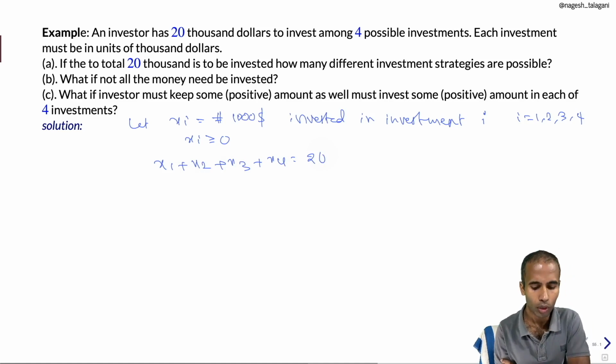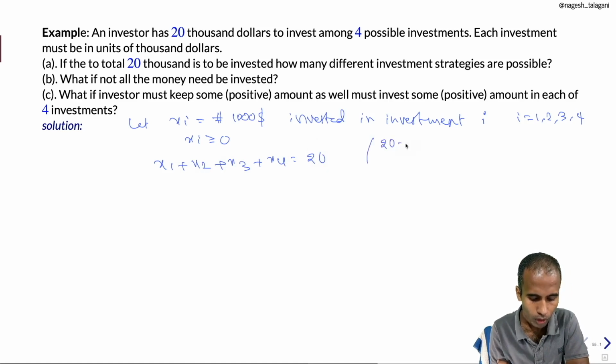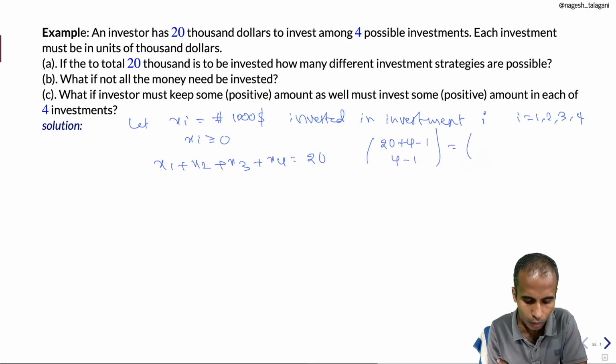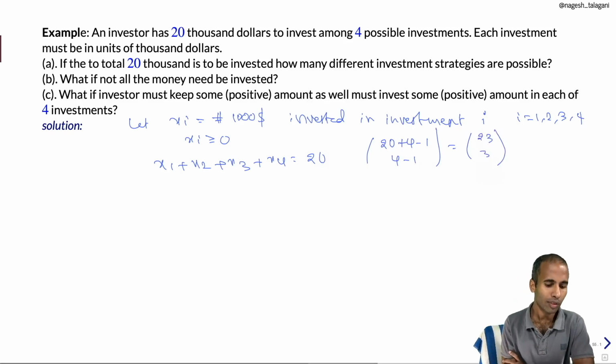But we know how to count non-negative integer solutions of this equation. The answer is 20 plus 4 minus 1 choose 4 minus 1, which is 23 choose 3. So this is the answer to question A.